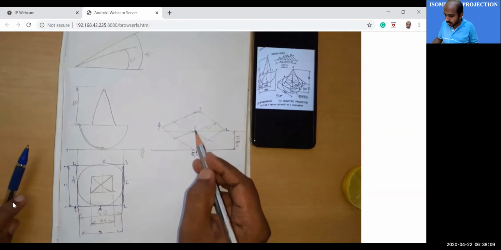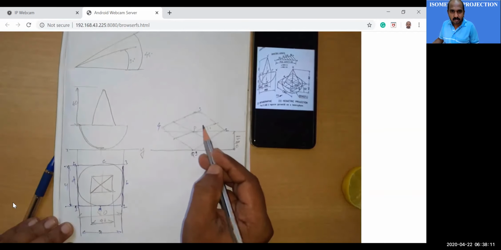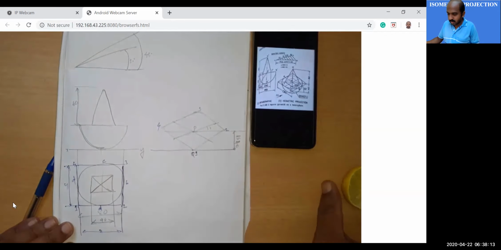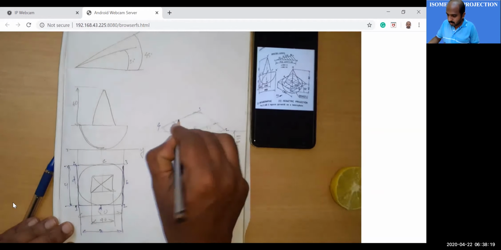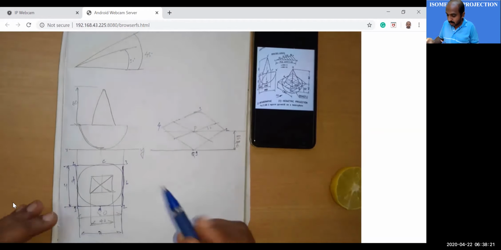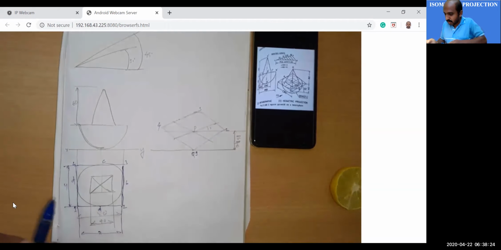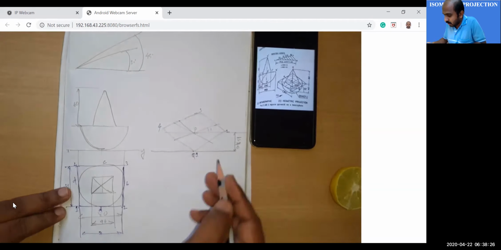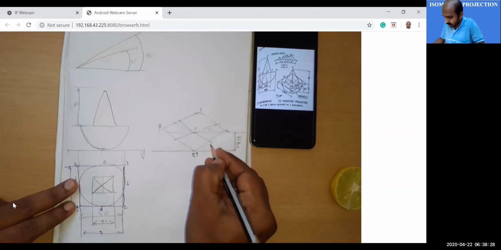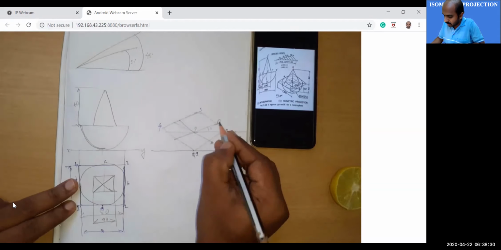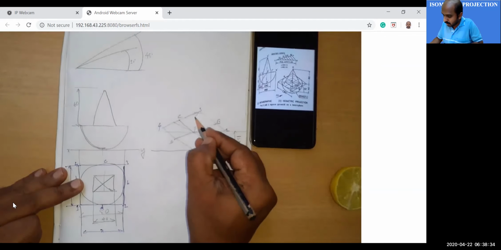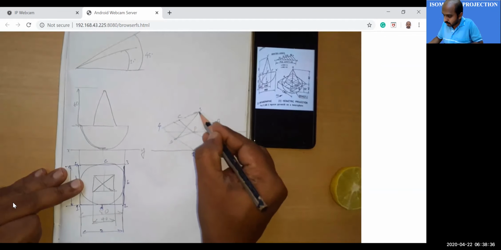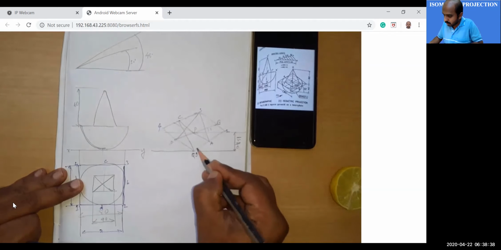Now we are going to draw the top of our sphere, which is a circle. Now you can complete the top circle, the isometric view of the circle. I hope you remember this is the point A, this is capital B, and C, D. Now you can connect this point and this point, this point and this point.